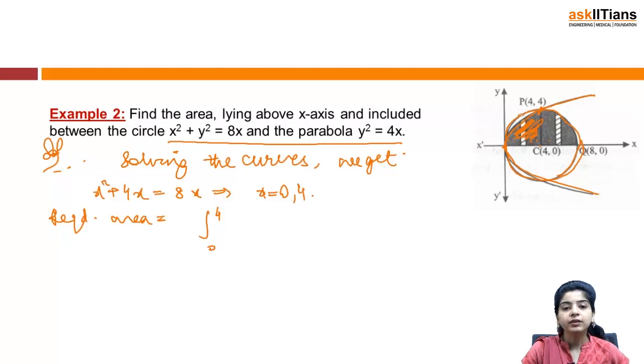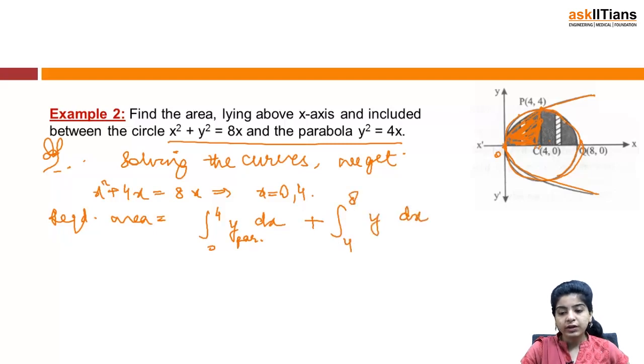We need not consider the circle in this region, that is integral 0 to 4, because we just need this area. I have shaded it, this area would be integral 0 to 4 area enclosed by parabola. So, we have y dx and this y is corresponding to parabola, plus we will have integral 4 to 8 y dx.